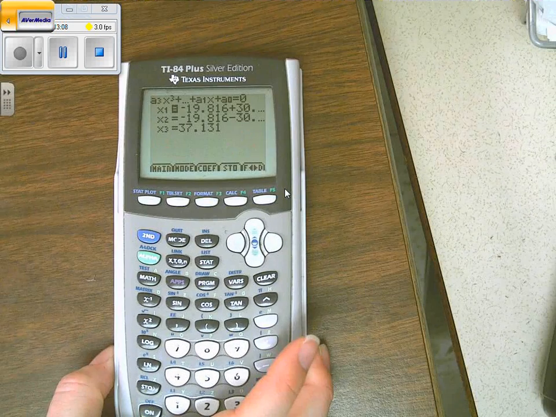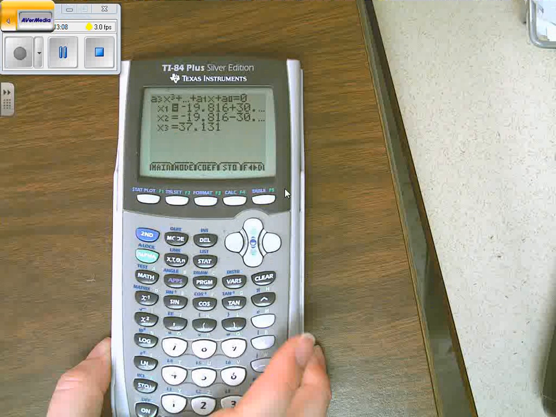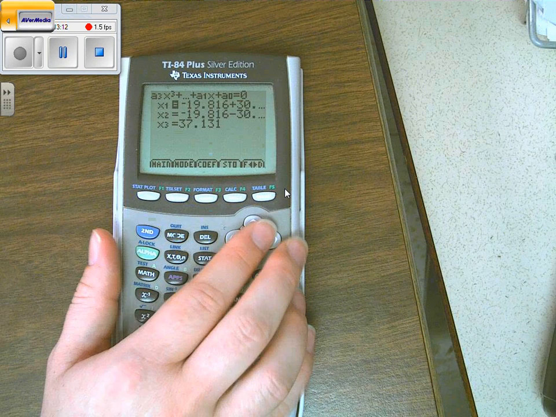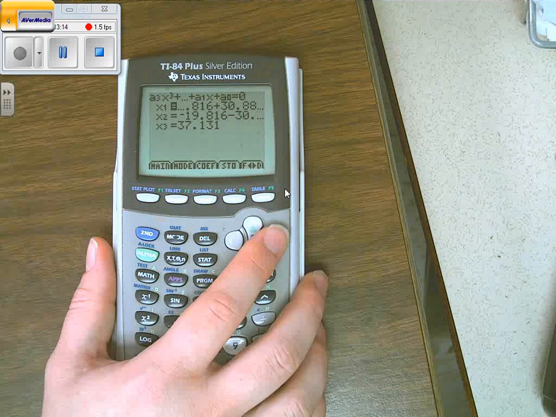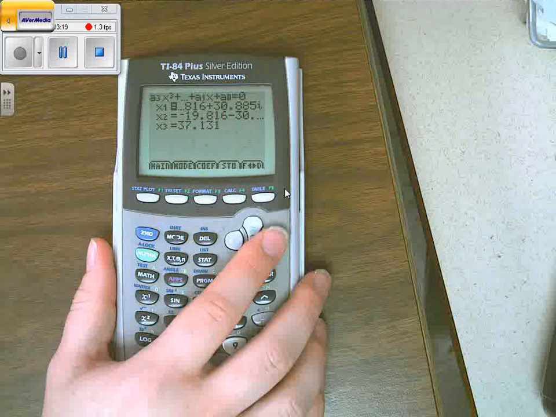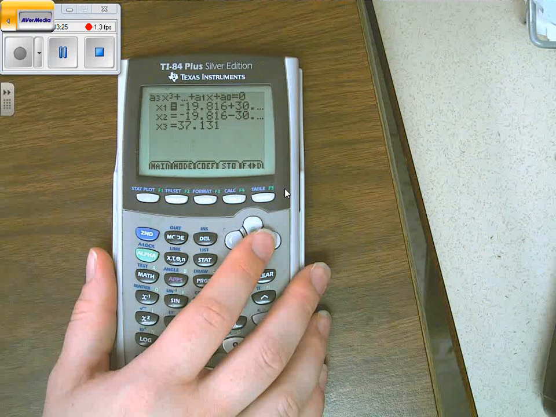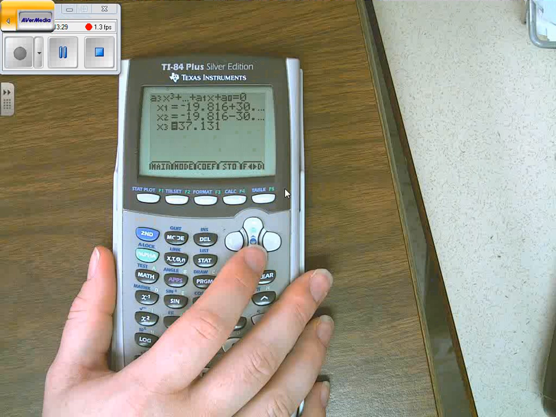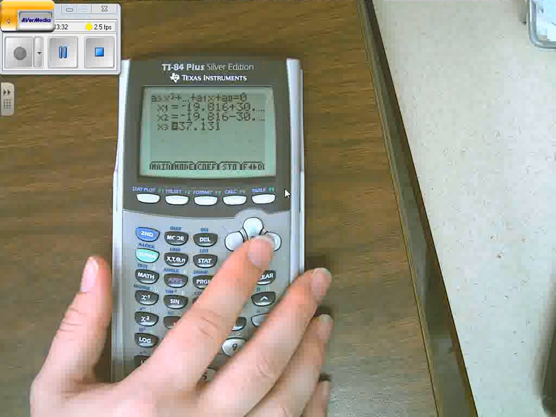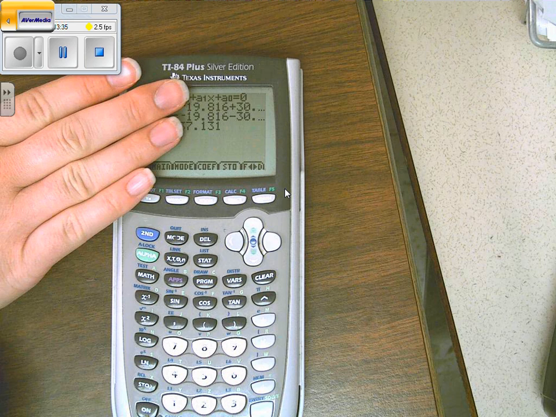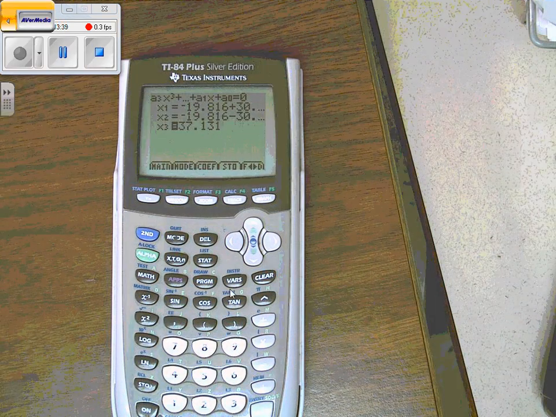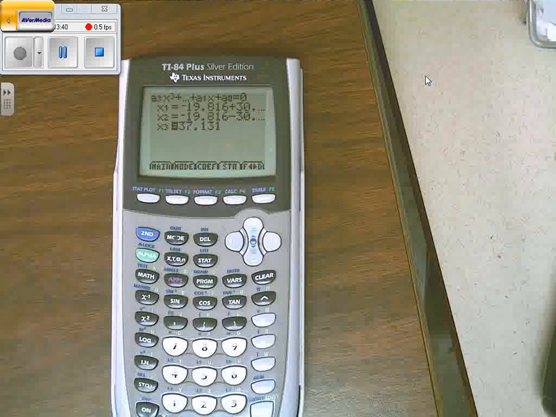Anytime you see a plus or a minus after an answer in PlySmlt, what do you imagine is about to be after that plus or minus? An i, right? Do I care about imaginary answers on these? No. So the only correct answer is the 37.131, which is the bottom one. This is a little more efficient as long as you're careful about picking out those imaginary answers. Any questions about either one of those options?